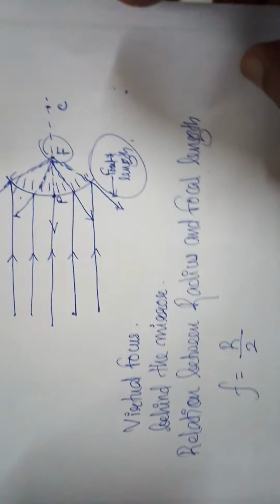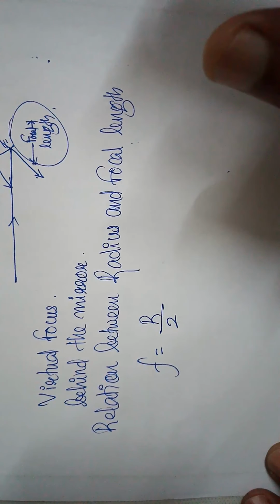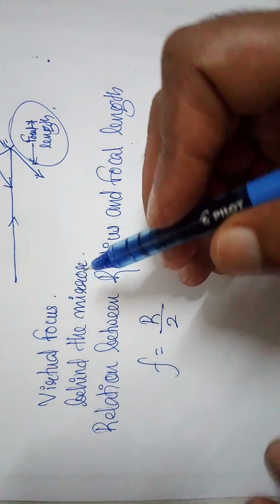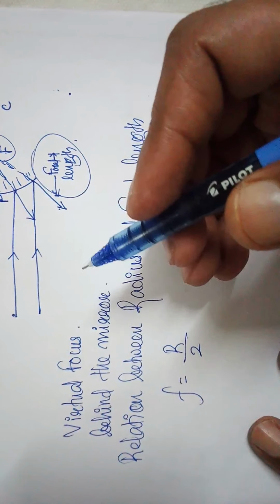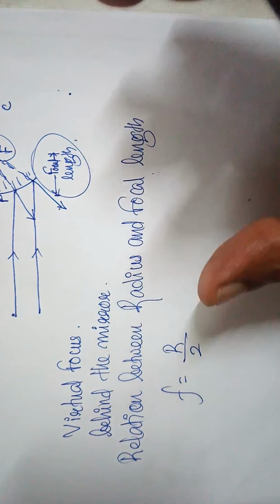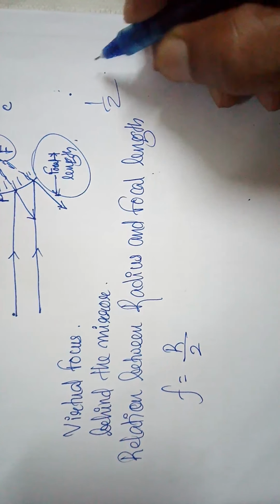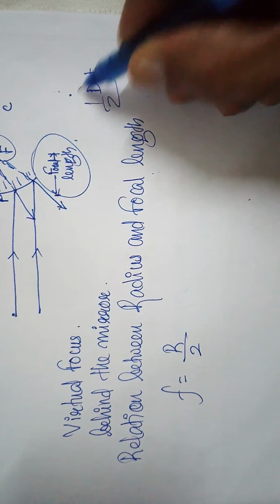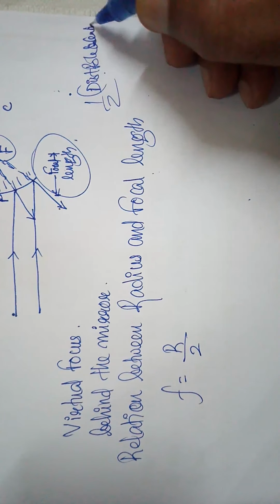Now, what will be the relation between the radius of curvature and the focal length of the spherical mirror? For a spherical mirror having a small aperture, the principal focus lies exactly midway between the pole and the center of curvature.